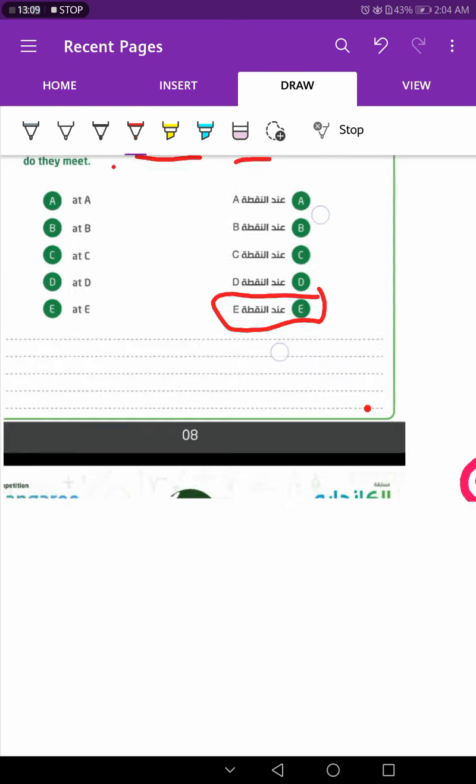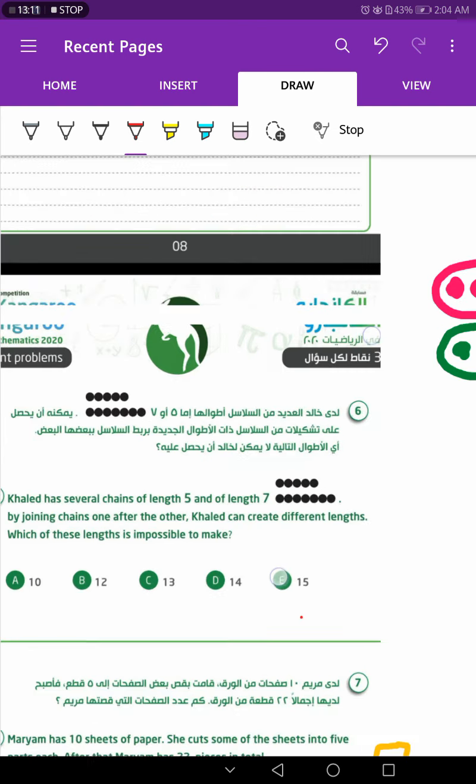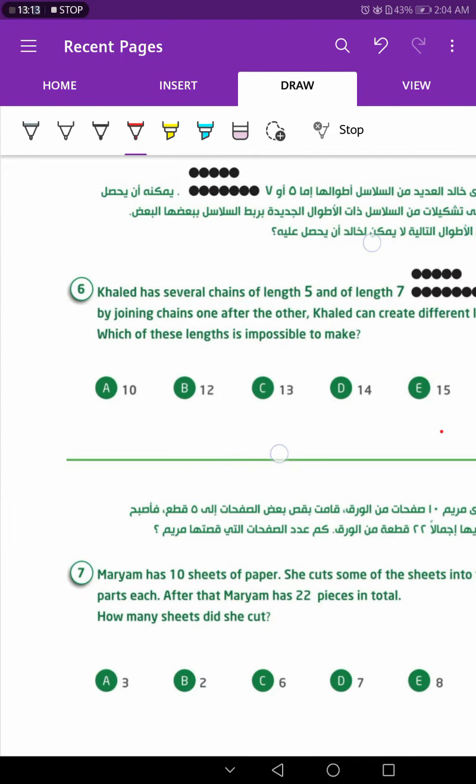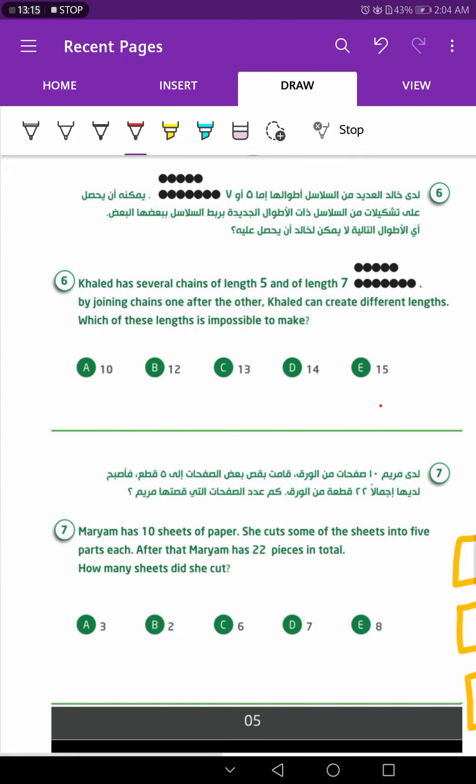Okay, what else? Good, this is a nice question. Khalid has several chains of length 5 and of length 7. By joining chains one after another, Khalid can create different lengths.